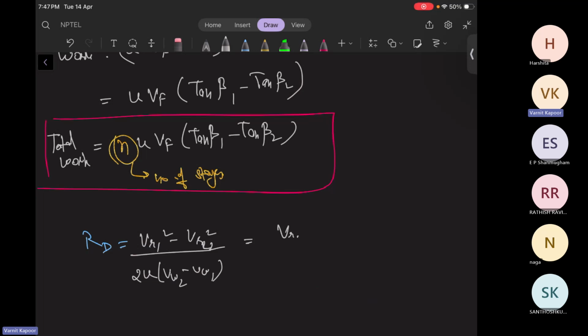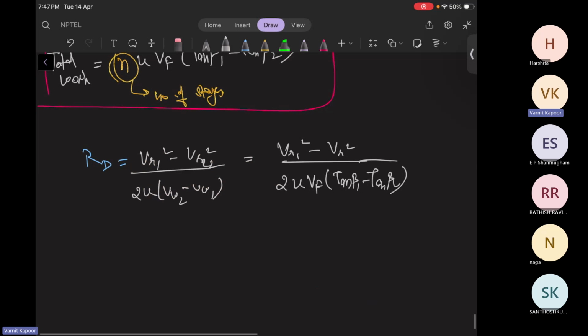So it will be VR1 square minus VR2 square, but times 2U, and VW2 minus VW1 can be written as 2U Vf (tan beta 1 minus tan beta 2).